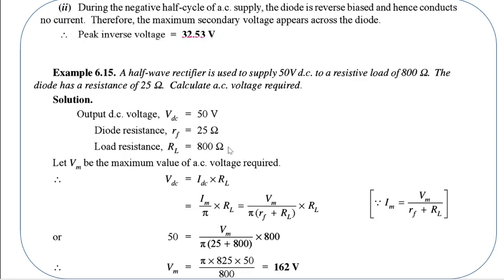So if Vm is the maximum value of the input AC voltage, then we know VDC equal to IDC into RL, or in terms of Im, this is Im by pi into RL. And maximum current Im is nothing but maximum voltage Vm divided by RF plus RL. You plug in the values, 50 equal to Vm divided by pi into (25 plus 800) into 800. From this you get Vm equal to 162 volt.